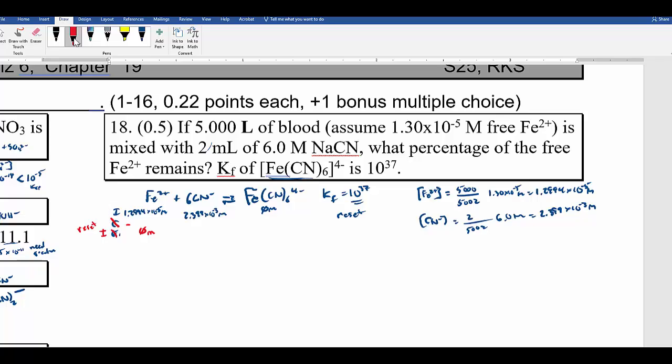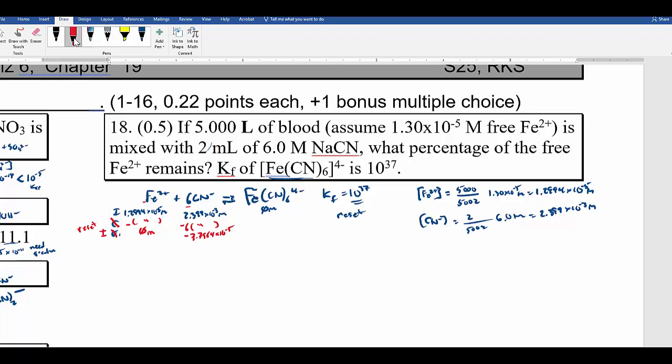So this is minus this. Because of the stoichiometric ratios here, this is going to be minus 6 times the limiting reagent. So I'm going to go 6 times 1.2994 times 10 to the minus 5. That gives me 7.7964. So this is minus 7.7964 times 10 to the minus 5.